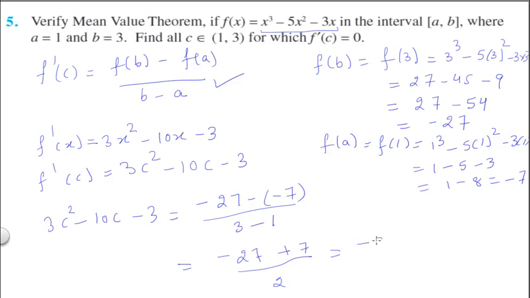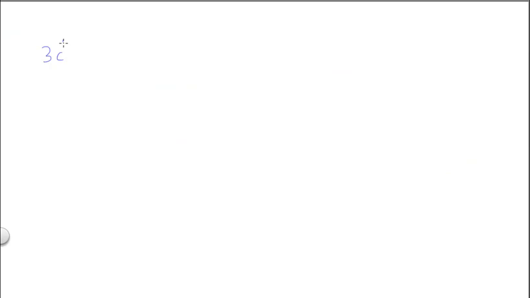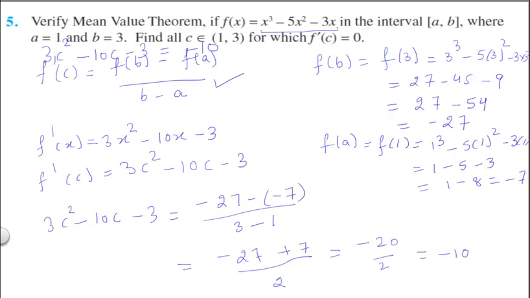We solve it as minus 20 by 2, which is minus 10. So the equation that we are getting is 3c square minus 10c minus 3 equals minus 10.